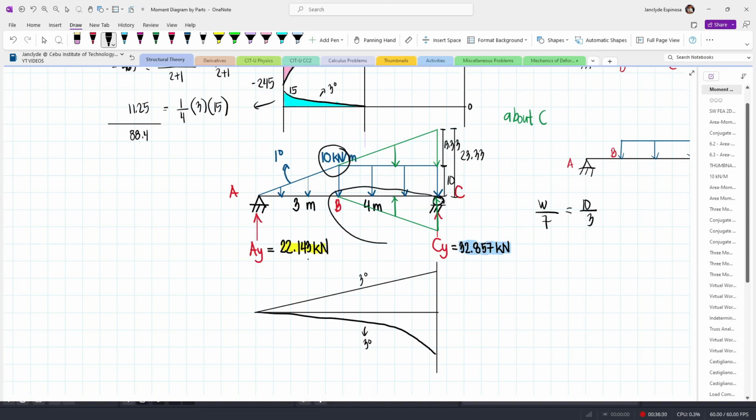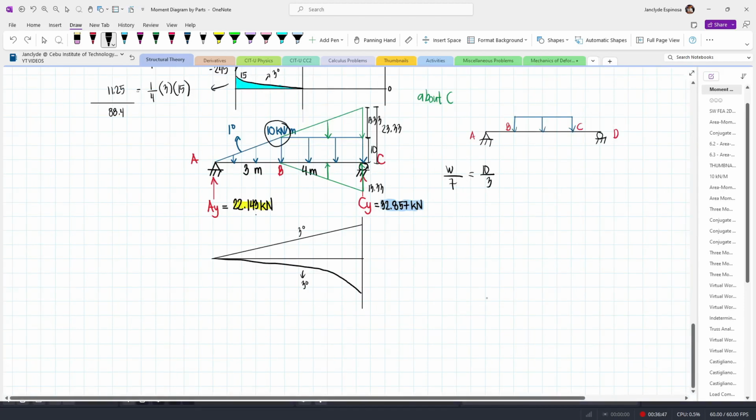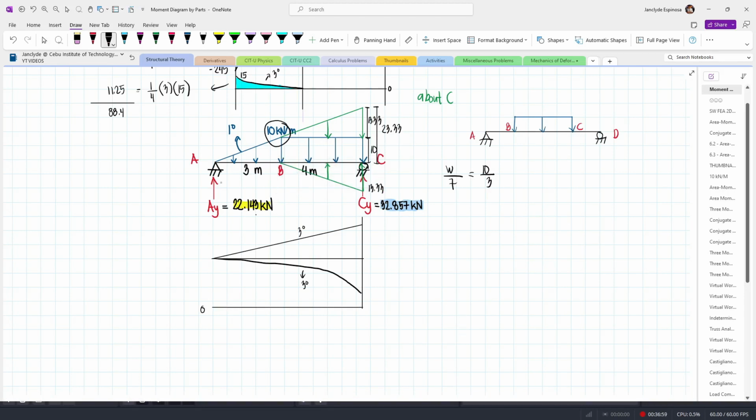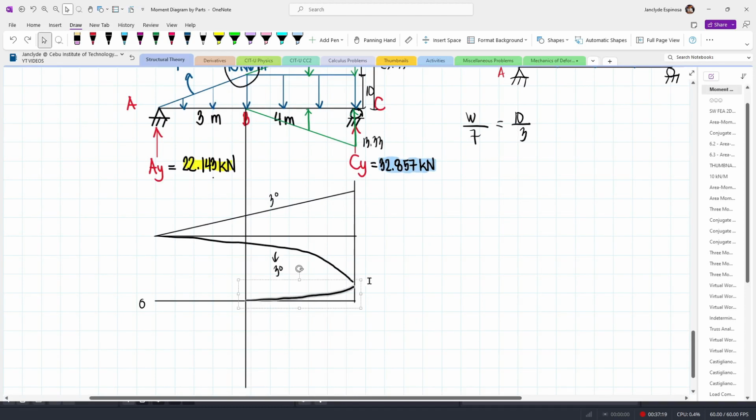And so the height of the triangle is also 13.33 because we are only counteracting this load. And so here, you will need to add another zero line for this triangular load which is acting upward. And so let's project a line here, and then we'll have this figure. This is upward, so positive. And then this is for this triangular load, the counteracting load.